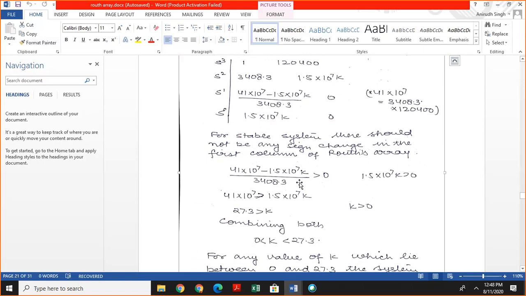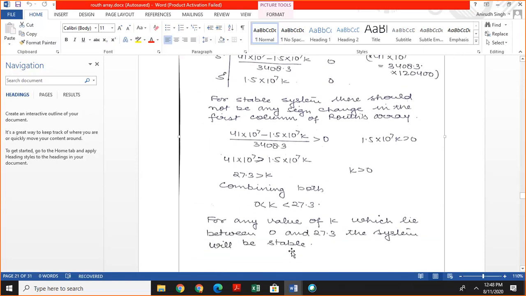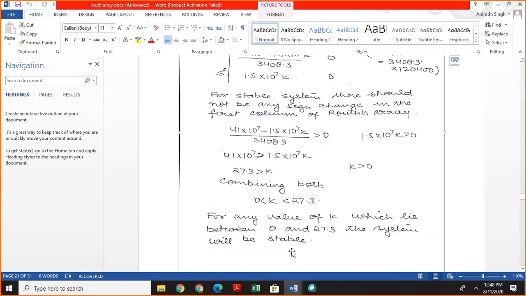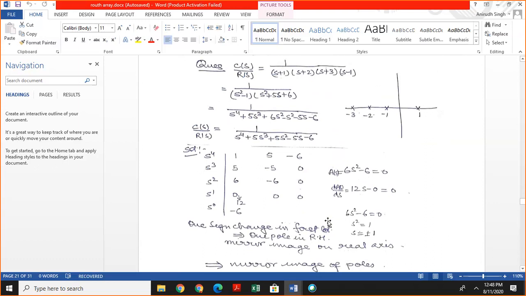It means the system is stable when the gain lies in this range. For any value of k between 0 and 27.3, the system will be stable. So this system is conditionally stable: for some certain values of the parameter, the system is stable.